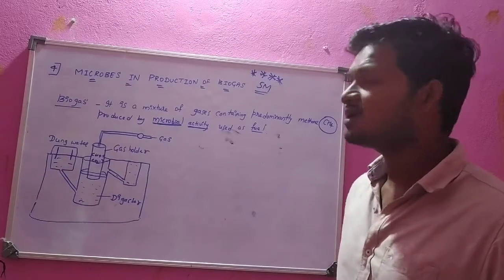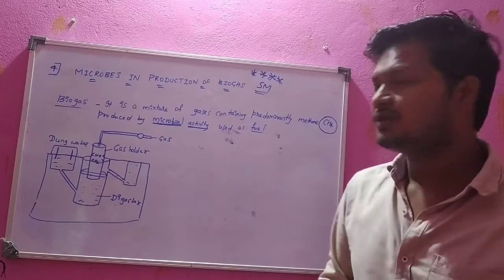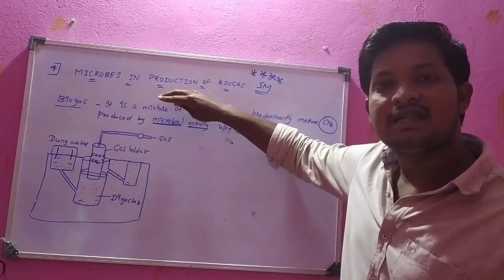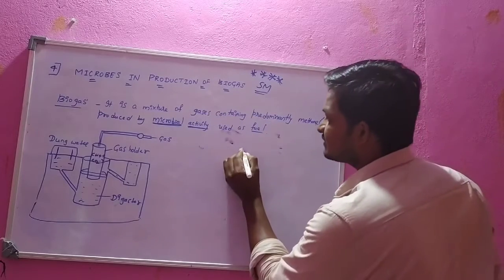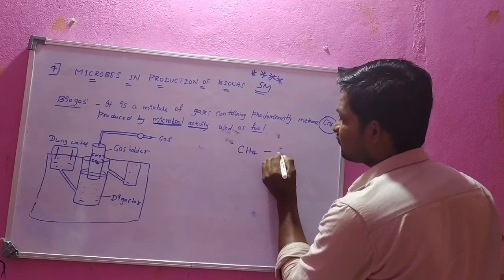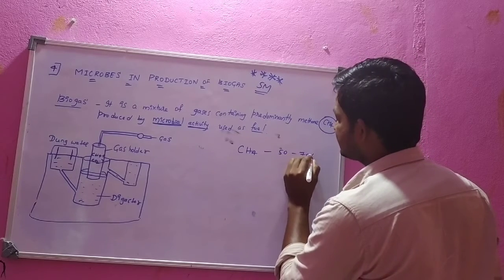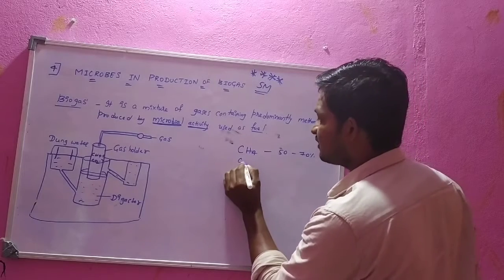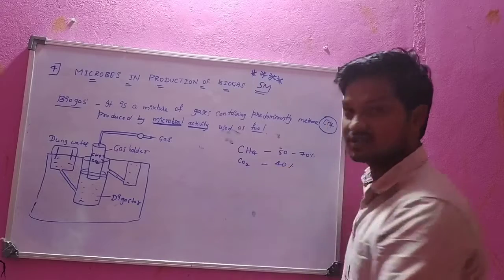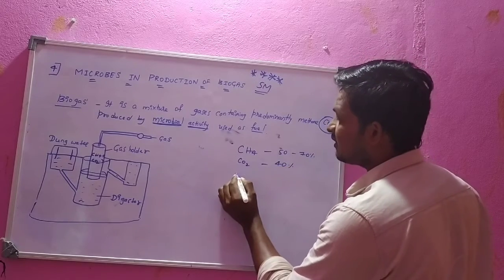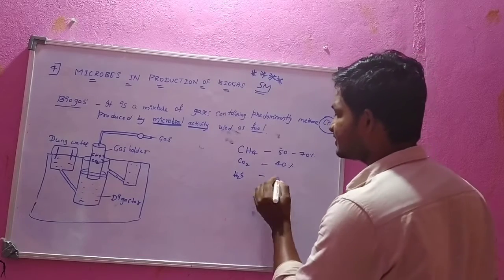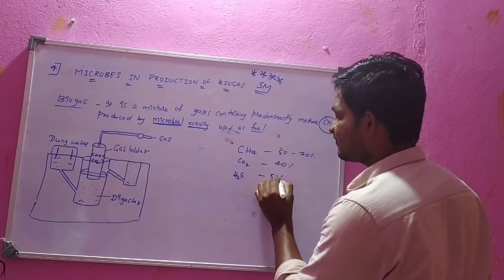This biogas will be used in the form of fuel, for cooking and lighting purposes. It contains a mixture of gases: methane about 50 to 70%, CO2 around 40% approximately, and hydrogen sulfide in small amounts.